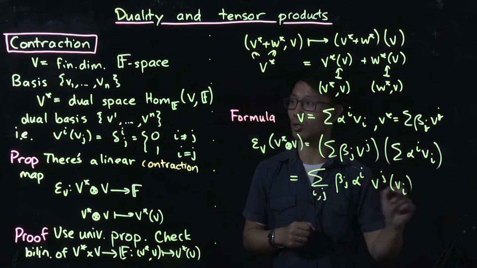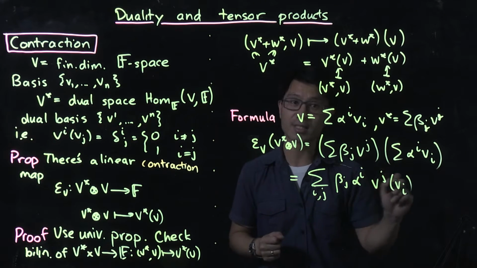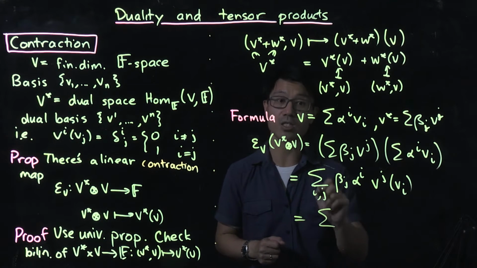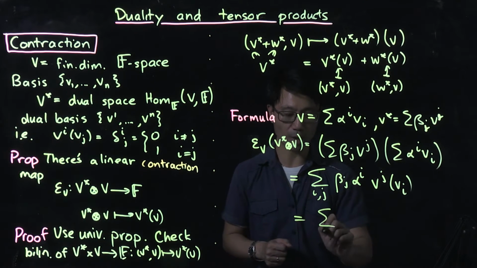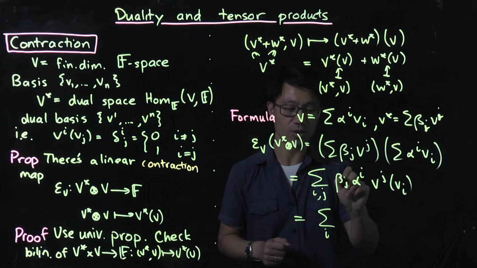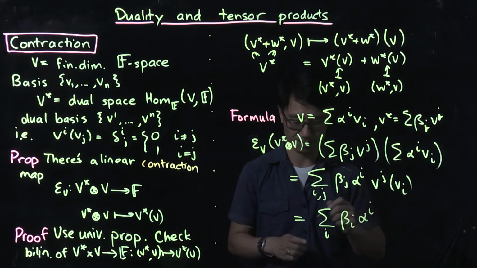And what is this equal to? In this case, it's just delta ji. So most of the time it's 0, except when I equals j. That means the only times that you get something non-zero is when I equals j. So we can just sum over I and look only at those j's for which j equals I. So that's the sum of beta I alpha I.